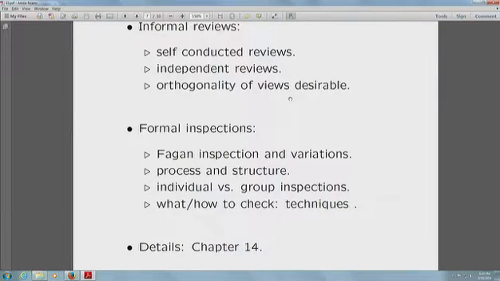Typically you need enough knowledge, but not very intimate knowledge of the things to be inspected. You need some general knowledge, but they should not be the ones who designed this code; they should be generally knowledgeable about it.